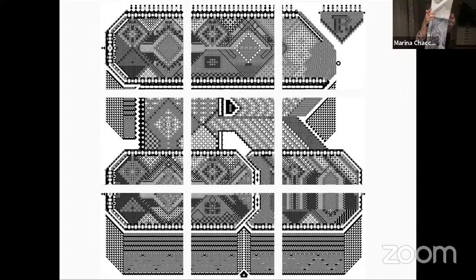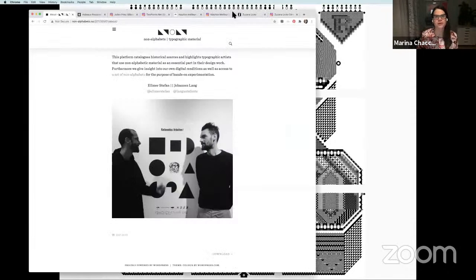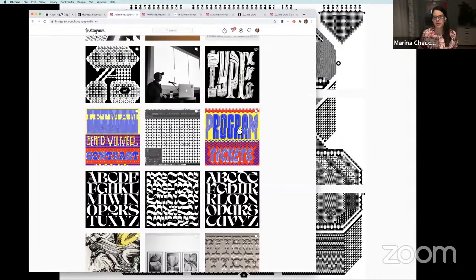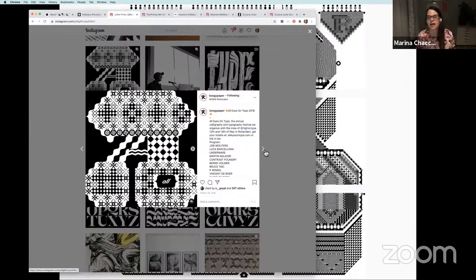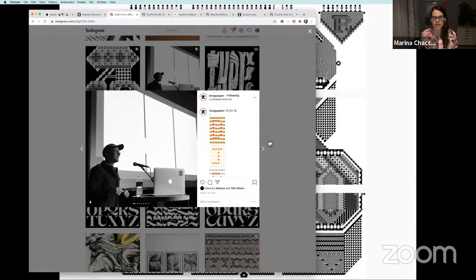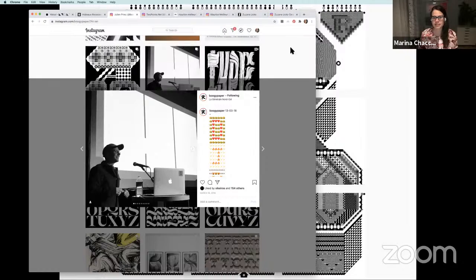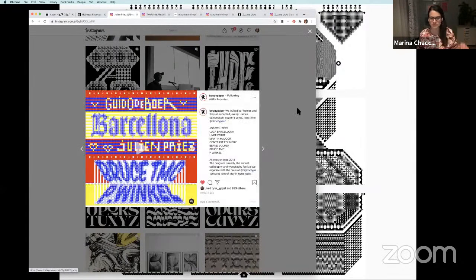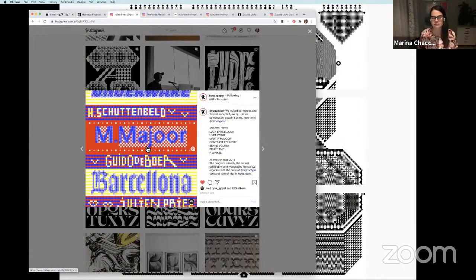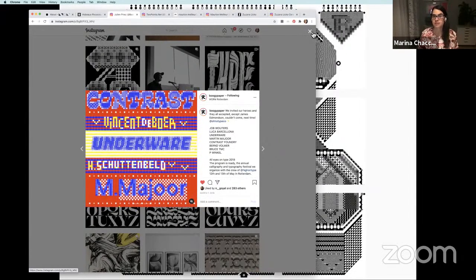There's this huge R, which is separated in his Instagram into multiple posts. He also did some programming for how they would work for All Eyes on Type, a conference that they organized here in Rotterdam the other year. You can see it in color, and it's super fun to see the letterforms built by the ornaments.